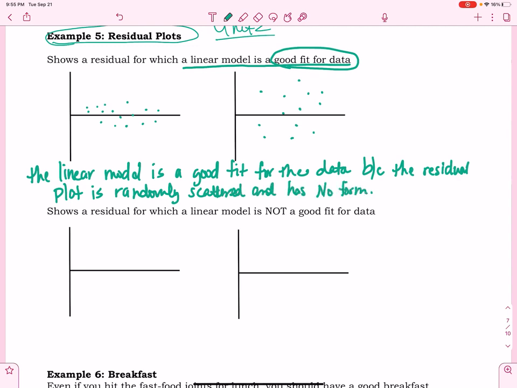We don't want it to have a form or a pattern, so you can always add that too. So no form or pattern.